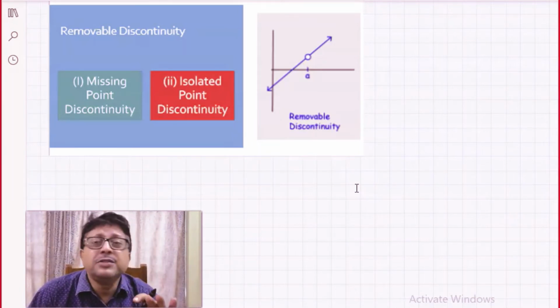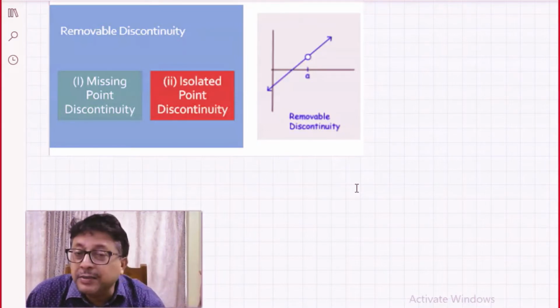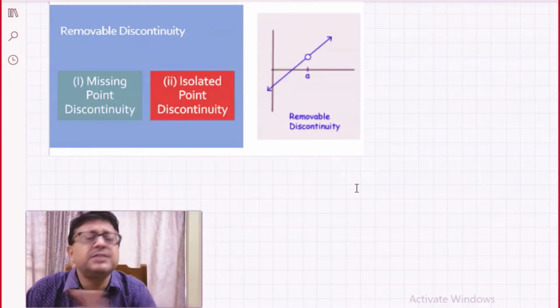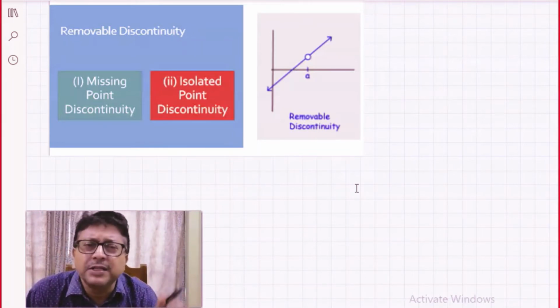Here, in case of removable discontinuity, sometimes you cannot remove. Why you can't remove? If the limit of the function doesn't exist, you have nothing to do.